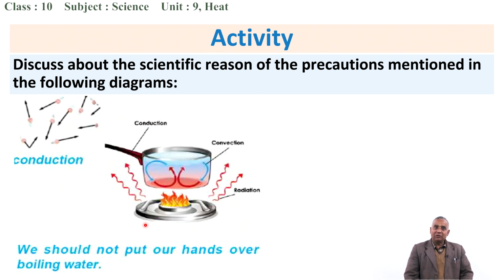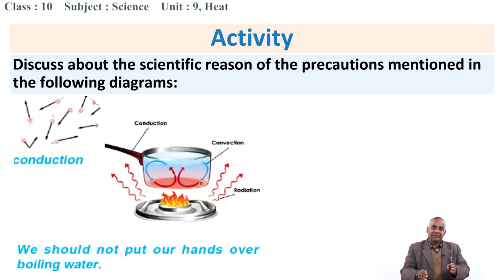Last one: you don't need to care about radiation, convection, conduction, or molecular motion here, leave them. You just have to answer that we should not put our hands over boiling water, not in it, but over it. Sometimes when we come in contact with fast moving steam, you feel how deeply it burns.